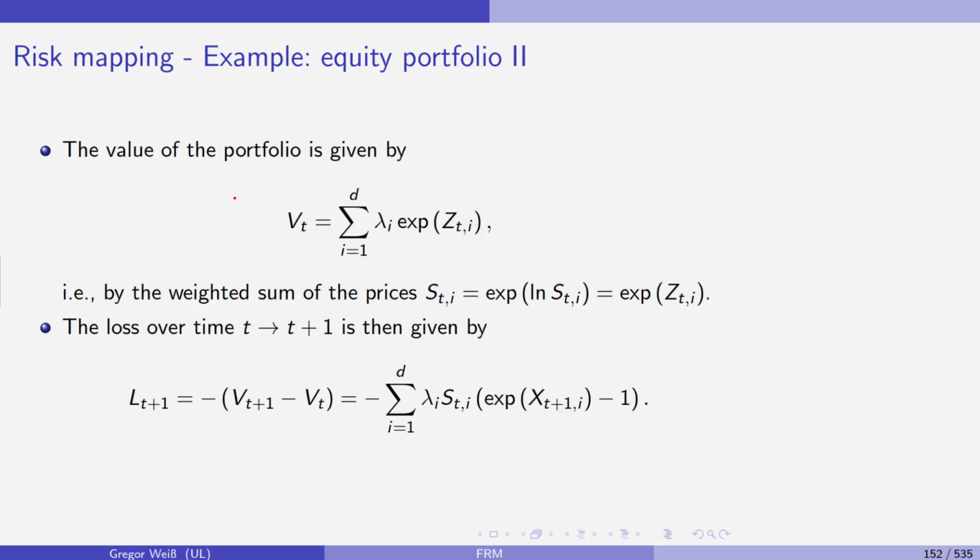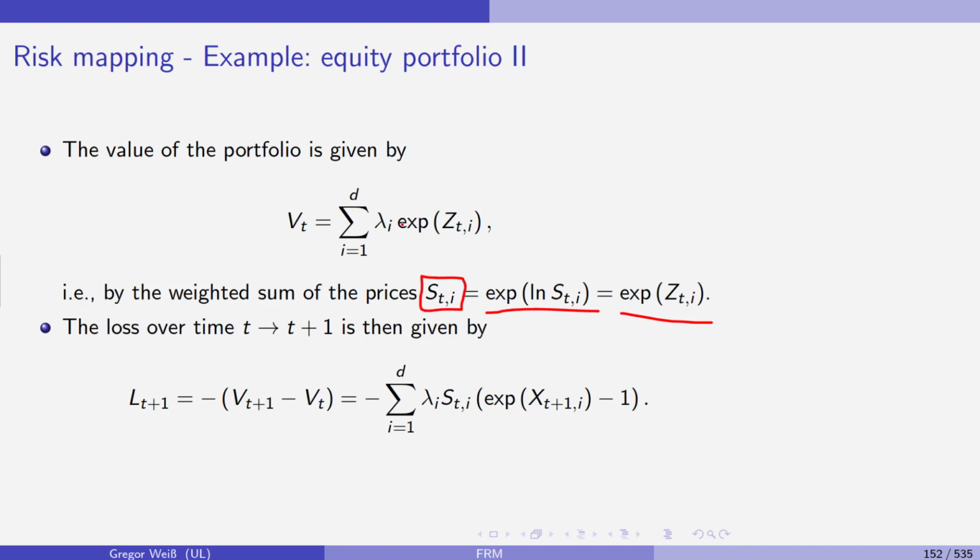Now the value of the portfolio is given by the sum of all the numbers of stocks we hold times the exponential function of the risk factor, that is the weighted sum of the prices, and you can see that the exponential function of Z_t,i is the exponential function of the logarithm of S_t,i, and this is simply again the price.